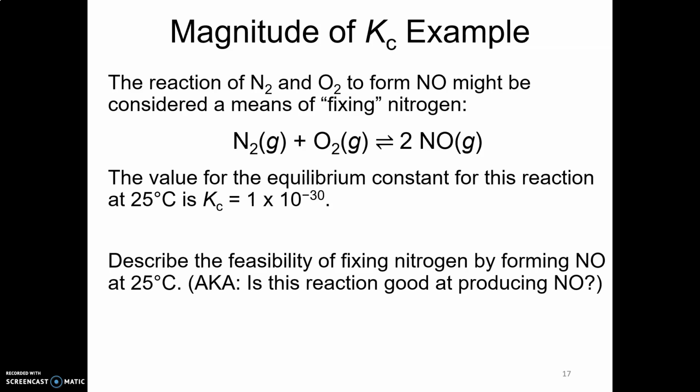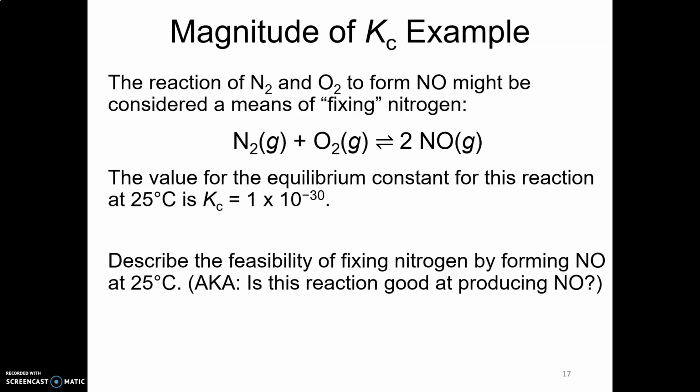Well, the first question you have to ask yourself is this: is that a big number or a small number? And hopefully you recognize that that negative 30 means that this is an itty bitty number, right? Very, very small, which means what? It is reactant favored. So now, describe the feasibility of fixing nitrogen by forming NO at 25 degrees Celsius.